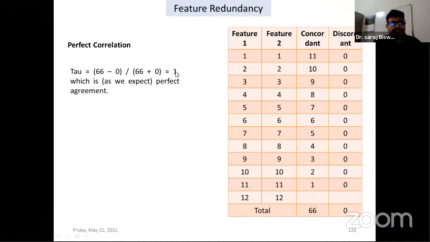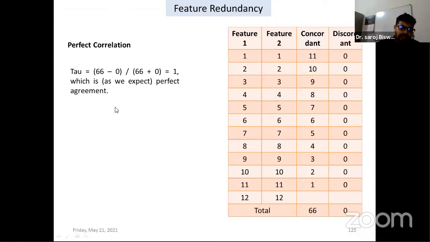The values of this feature and the values of this feature can be different. But if we arrange them in ascending order, the ranks of all the values of feature 2 would be the same as the ranks of feature 1. If we make a graph, if feature 1 goes like that, then feature 2 will go like that, exactly parallel, or linear.